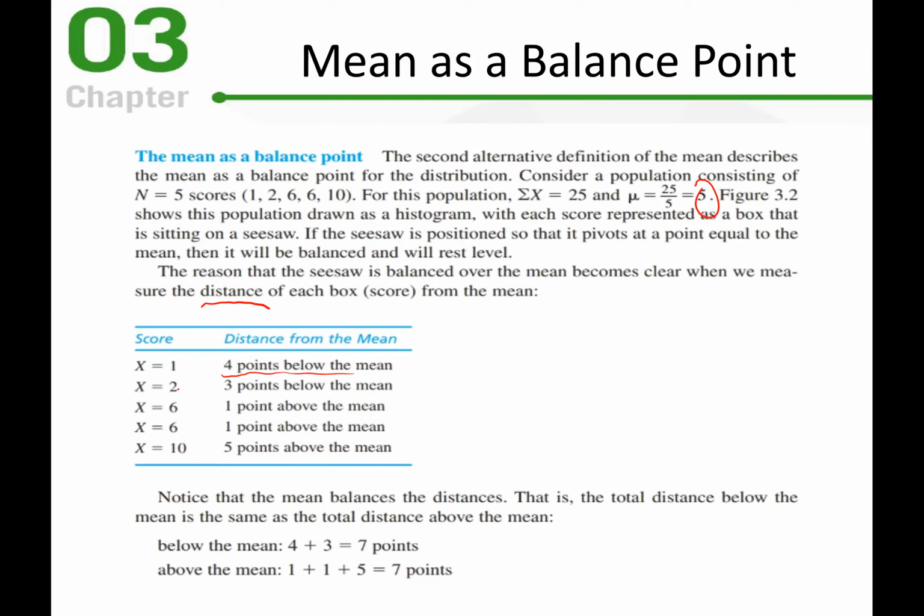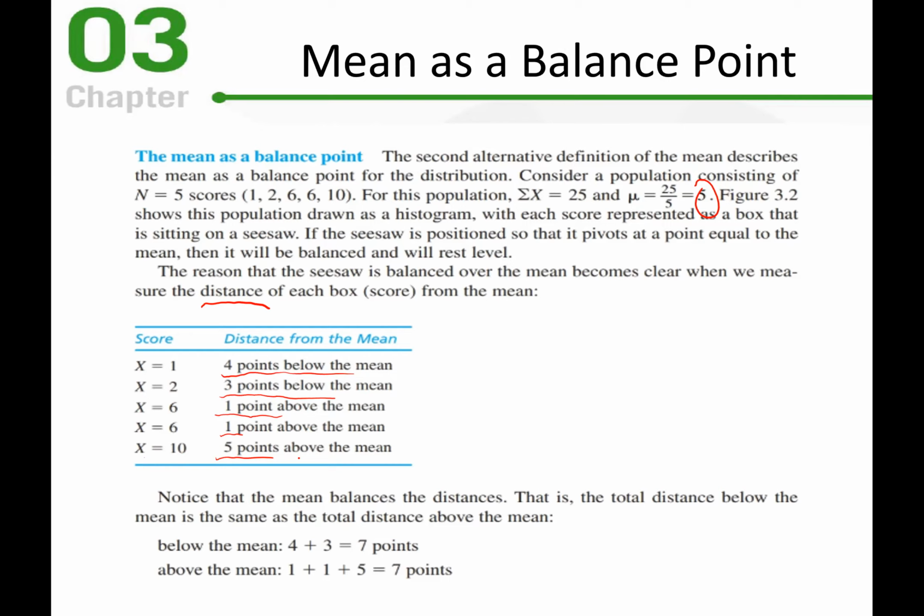We have a score of 2, and that score is 3 points below the mean. Then we have 2 scores of 6, each 1 point above the mean, because the mean is 5. And then we have x equals 10, and that is 5 points above the mean.